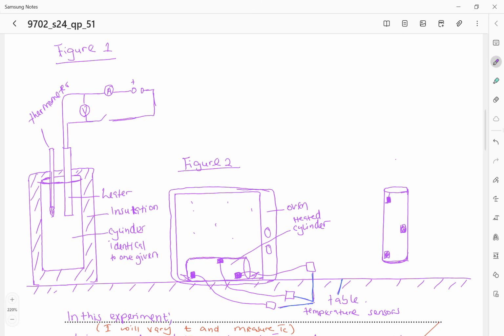But let me first put out the wires for the temperature sensors. Then I put an insulating material around the cylinder.